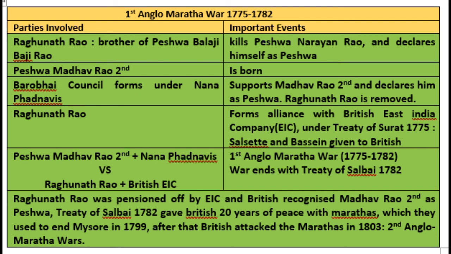Raghunath Rao made an alliance with the British East India Company under Warren Hastings to fight the combined army of the Marathas, Hyder Ali of Mysore and the Nizam of Hyderabad. This was the first and the only time that the Marathas, Mysore and Hyderabad came together. This was known as the First Anglo-Maratha War.